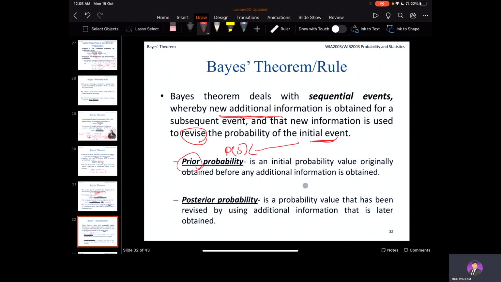But later on, when we know that we are getting a favorable report, you are able to calculate the probability given the favorable report, which becomes the posterior probability. It means it's a probability value that has been revised by using additional information, and this additional information is your favorable report that is later obtained. So this is how you differentiate these two.